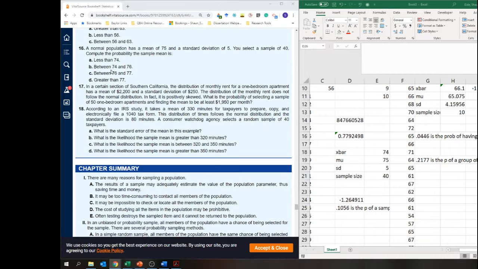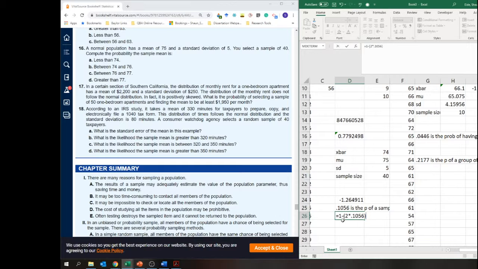And then between 74 and 76, this is actually really straightforward, and there's a really easy way to do this. Because 74 is 1 below 75, and 76 is 1 above 75, and those are the means. The way that you can do this is literally equals 1 minus 2 multiplied by 0.1056.